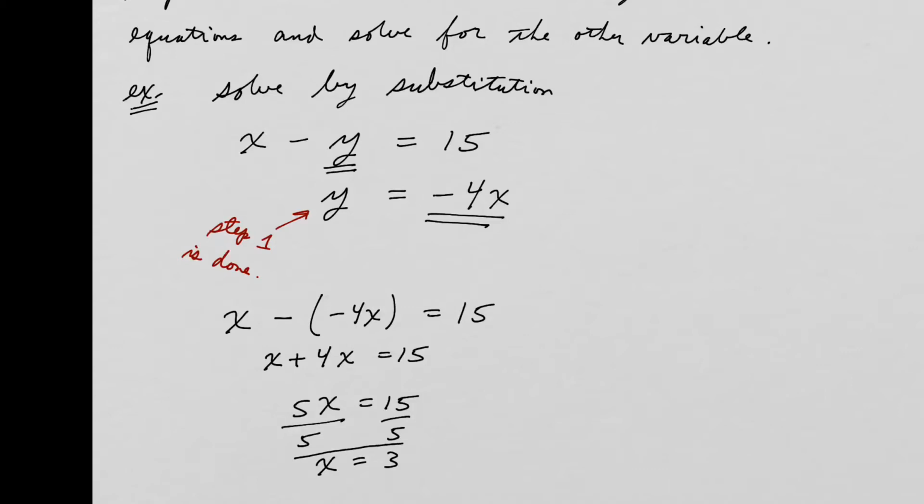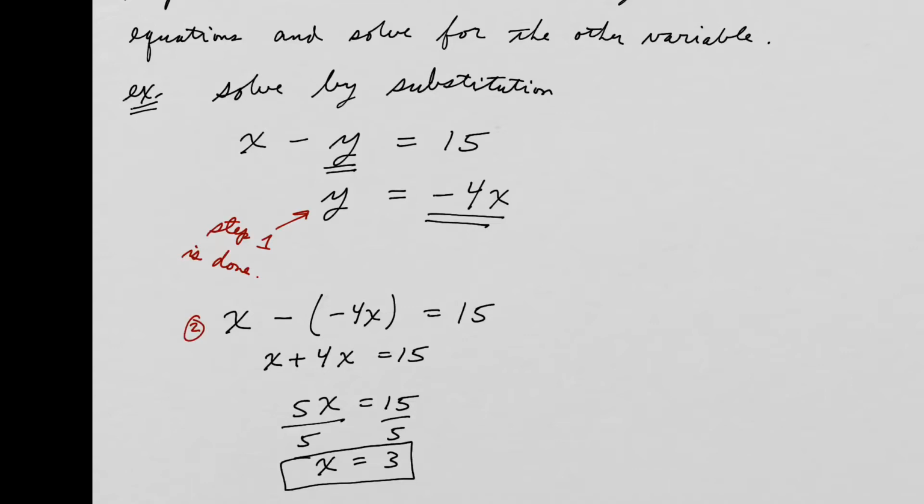Okay, so I'm half done. I have my x. Now I have to go back and find the y. Now I do step 3, which says I can take that x equals 3 and plug it into either equation. It doesn't matter which one. They will both give me the correct answer. But the easier equation to plug into is the second one because it's already written as y equals something. So this is step 2.